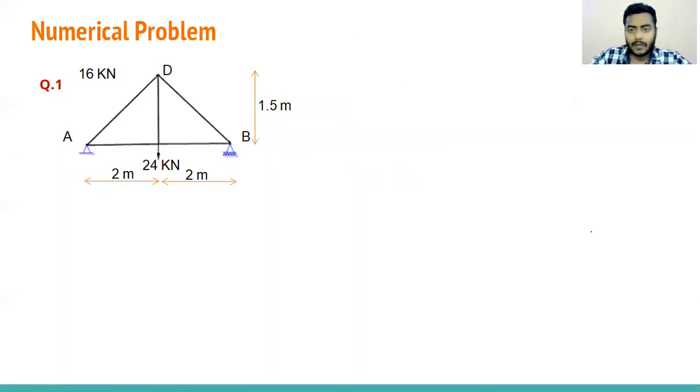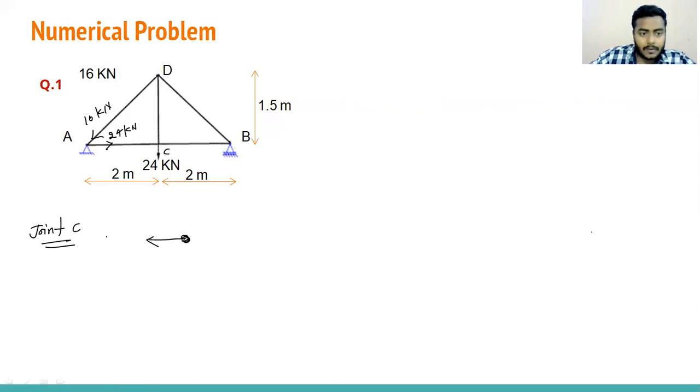Okay, now we can calculate another joint. We got this reaction, this value is 10 kilonewton. This we got tension of 24 kilonewton. Now come to this joint C. That pulling force is there, 24 kilonewton.